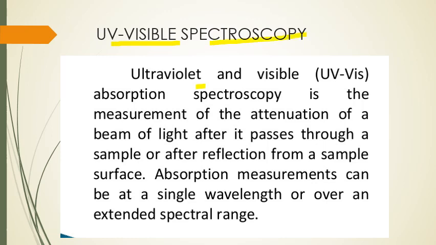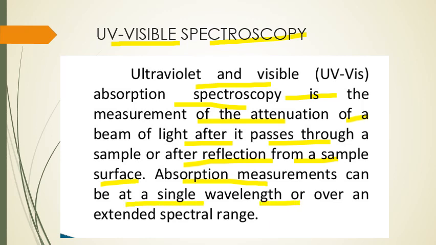Ultraviolet visible absorption spectroscopy is the measurement of the attenuation of a beam of light after it passes through the sample or after reflection from a sample surface. The absorption measurements can be at a single wavelength or over an extended spectral range.